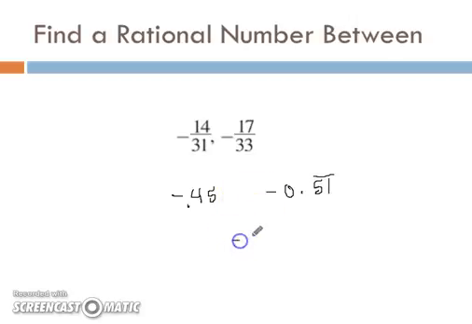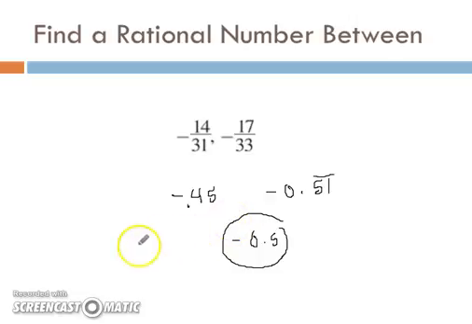And you could just list it as a negative 0.5, because on our number line, negative 0.5 would fall between those two numbers. If you need the number that is exactly halfway, then you need to rewrite the fractions with a common denominator, add them, and divide in half. So if you just need one number between any rational number, you can just convert to a decimal and list any number between. There's an infinite number between.